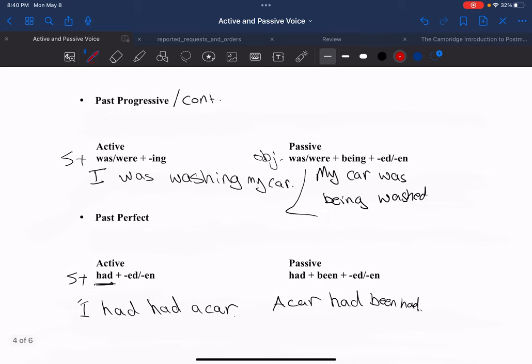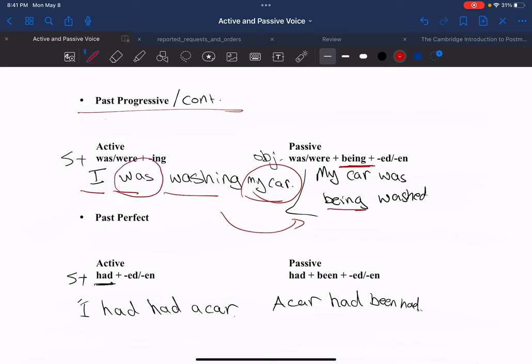Here we already have the examples. For past continuous or past progressive, you have subject plus was and were plus ing. So, I was washing my car. Now if we change this to passive, we say my car was being washed. This again is part of the rule. Washed, PP of wash.